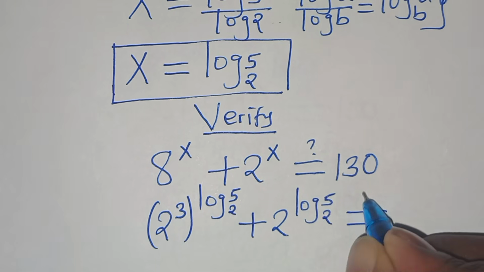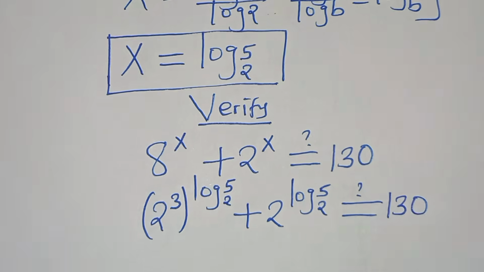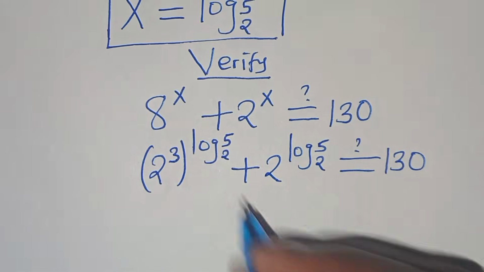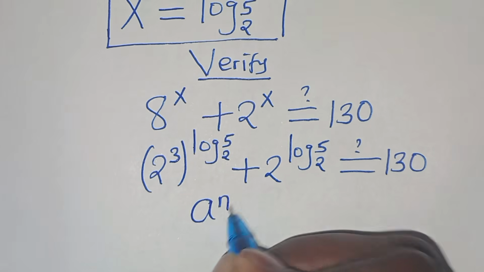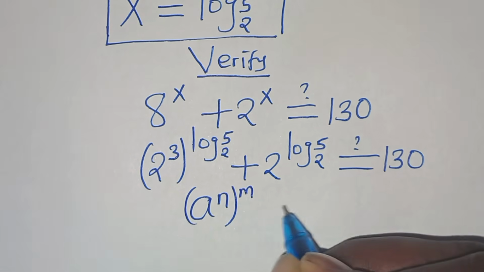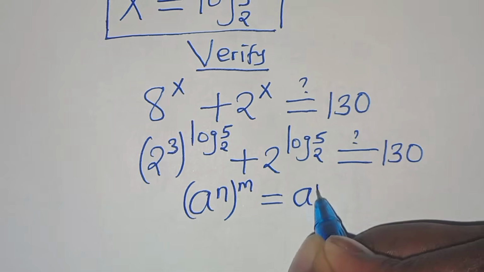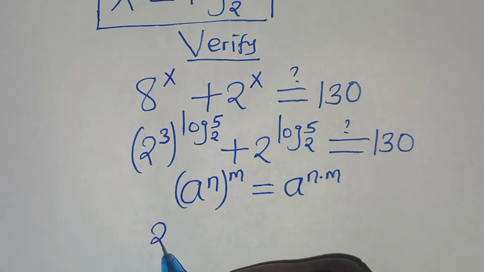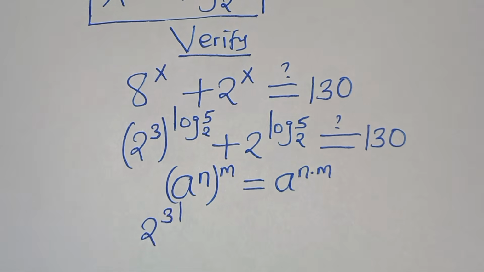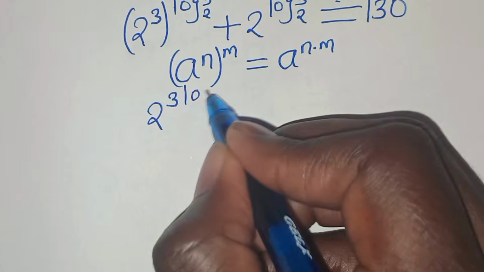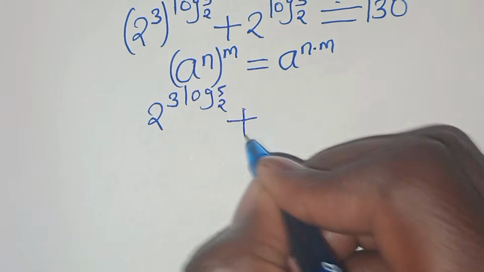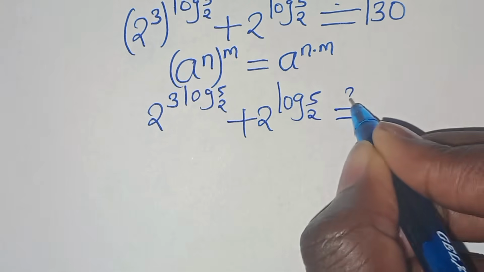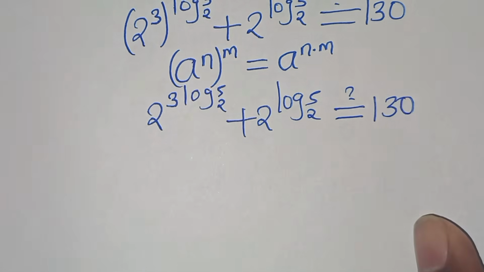This is supposed to give us a value of 130. Now 2 to the power of 3 to the power of log 5 to base 2. This is in the form of a to the power of n raised to the power of m, which we can express as a to the power of n times m. So this is 2 to the power of 3 log 5 to base 2 plus 2 raised to the power of log 5 to base 2. This is supposed to give us a value of 130.